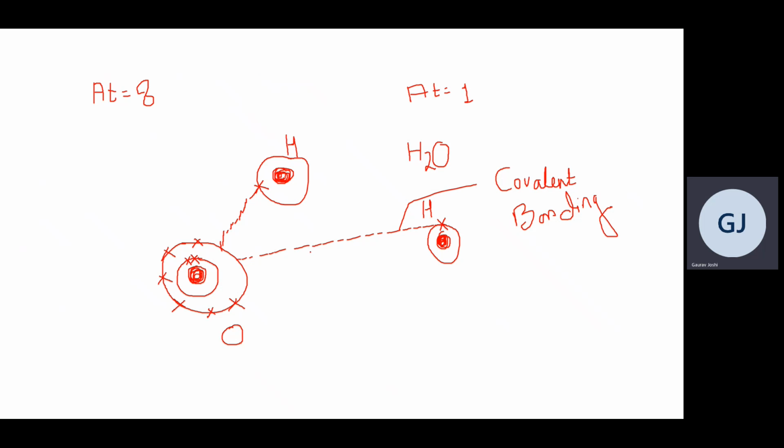Now this covalent bonding can be of 2 types: non-polar covalent bonding and polar covalent bonding. When the bonding is between two different atoms by sharing of electrons, it is called polar covalent bonding.